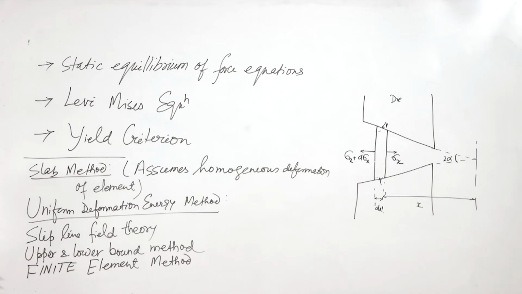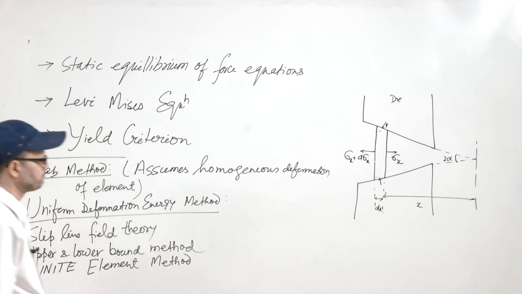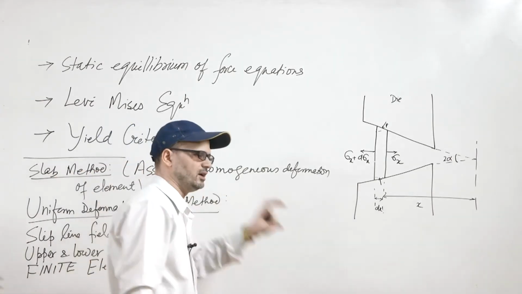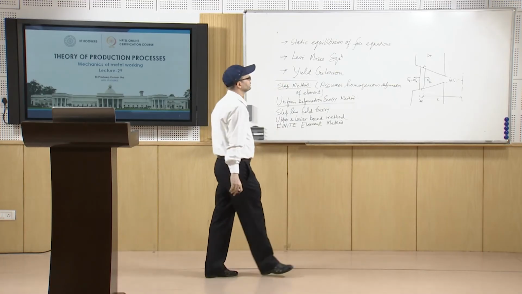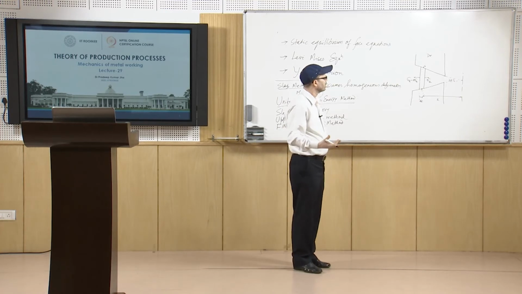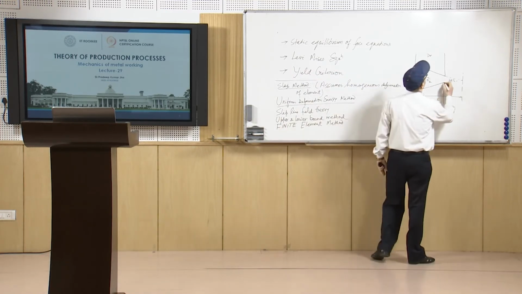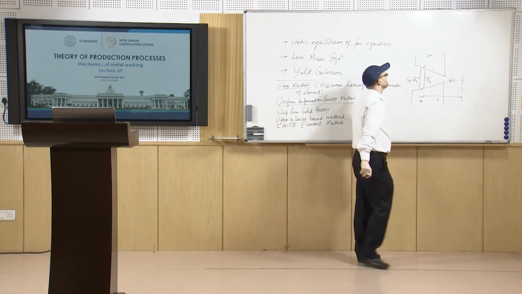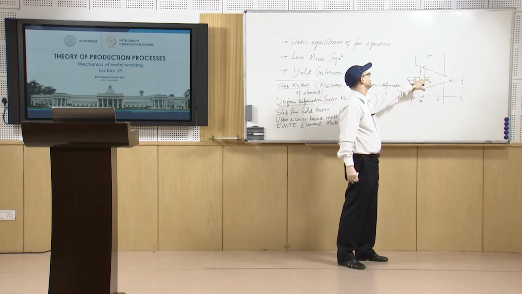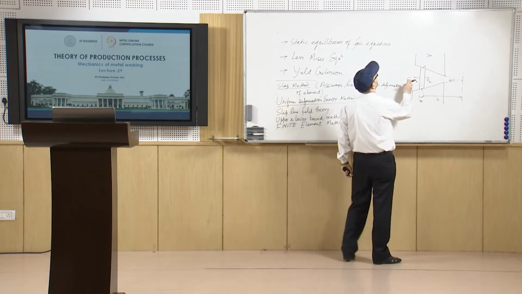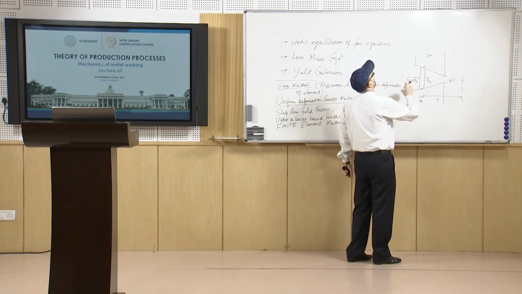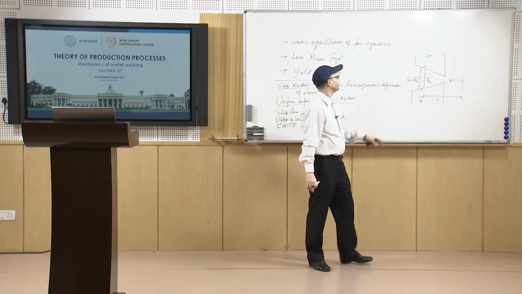As we discussed, we will have a few conditions based on which you will have to analyze this situation. So now you can see how you have to analyze the forces in the x direction. In the x direction you will have sigma x plus d sigma x, and then the force will be applied.